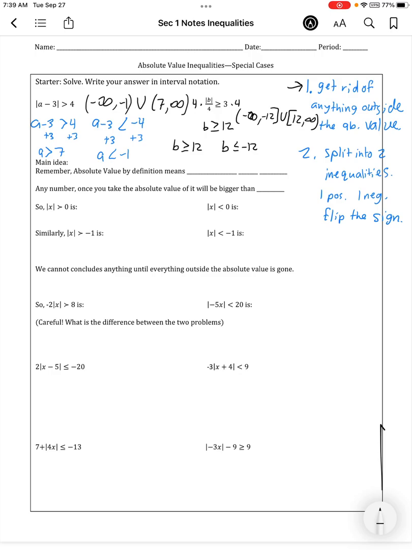So let's go ahead into the actual new information for the day. Absolute value by definition is the distance from 0. Any number, once you take the absolute value of it, will be bigger than 0. I guess I should add or equal to, because technically the absolute value of 0 is 0. But for sure it's going to be positive.